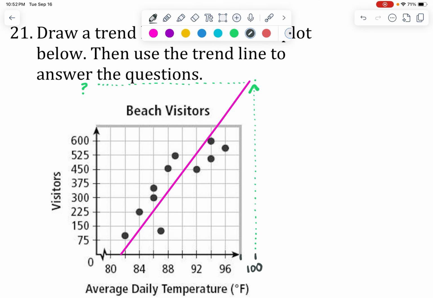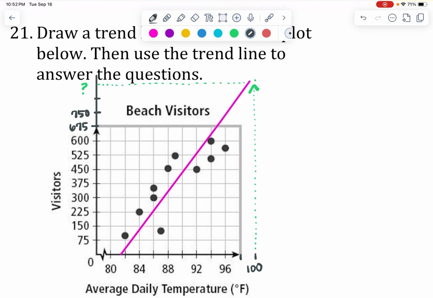Okay, so I'm going to extend my y-axis, and it looks like our y-axis is going by 75s. So let's see. This would be 675, right? And I'm going to try to keep it as consistently spaced as I can. So that would be 750, right?